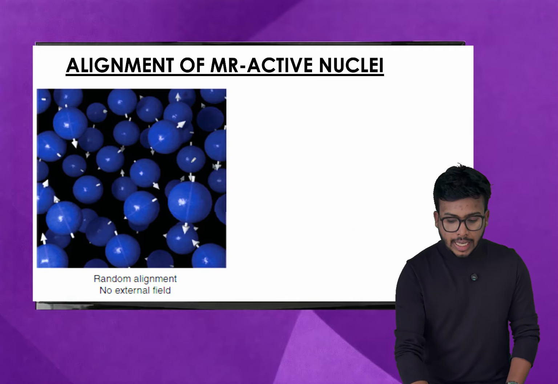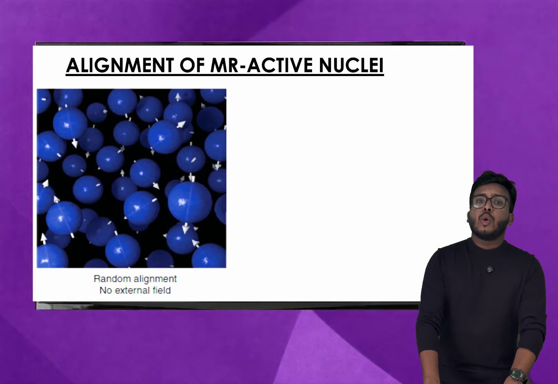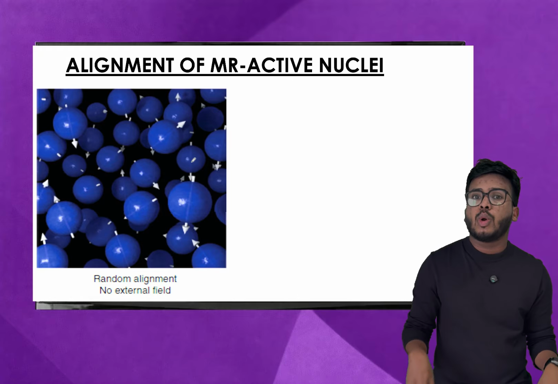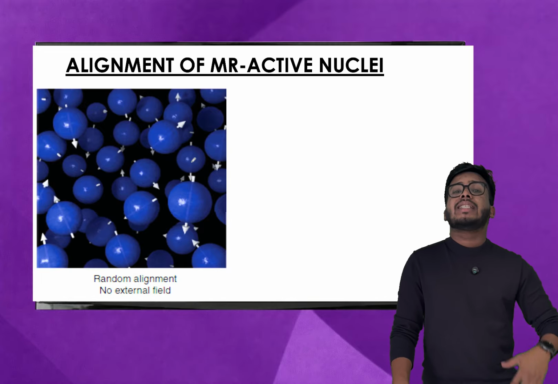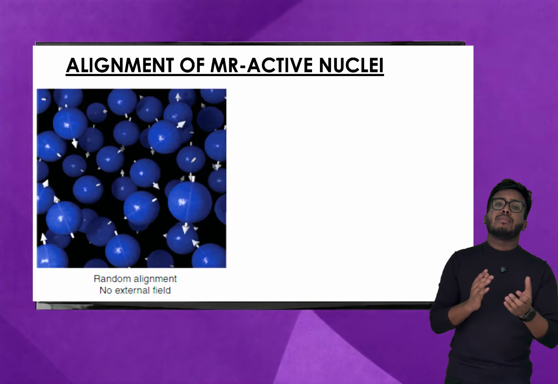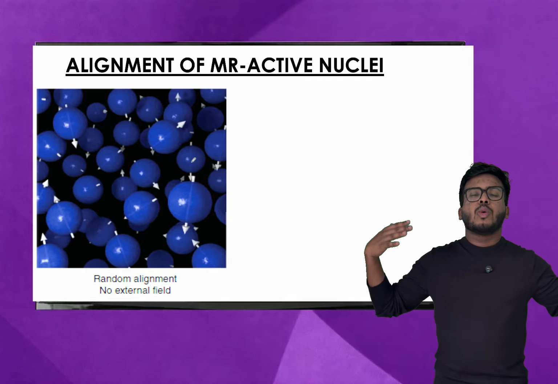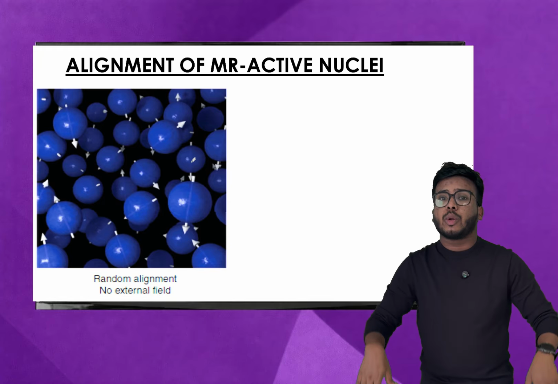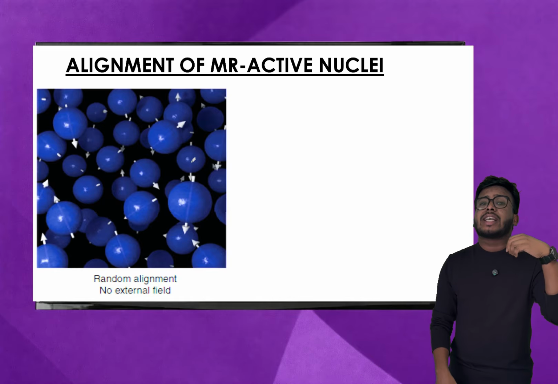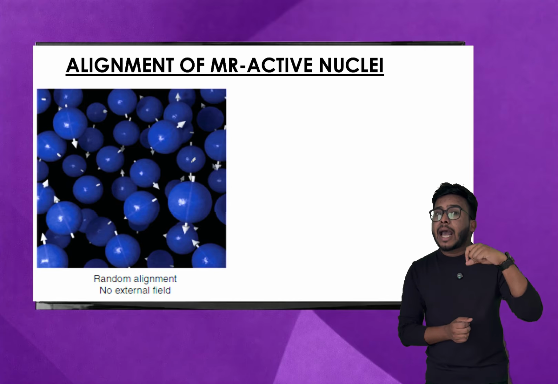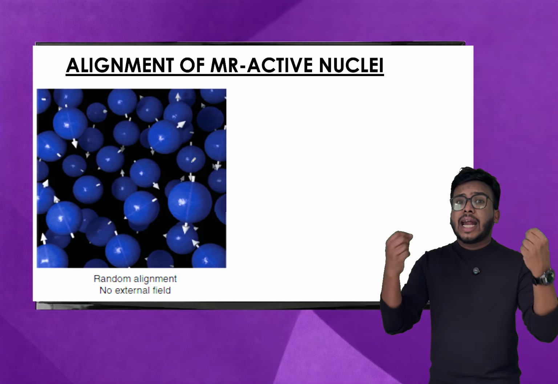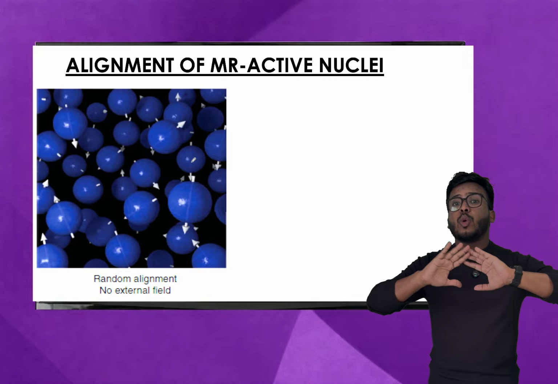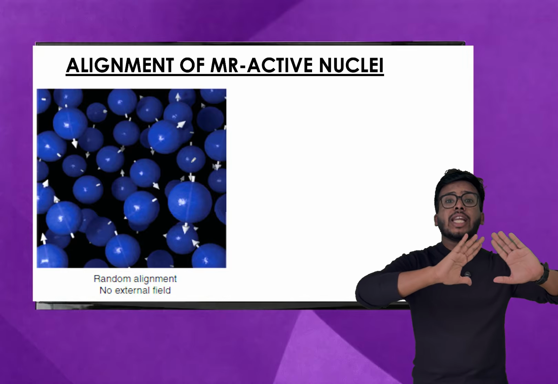Clear? So now we are going to discuss the orientation of these hydrogen protons in the presence and absence of an external magnetic field. I hope you are not inside the MRI room. In the absence of an external magnetic field, the hydrogen protons inside the human body will not have any orientation, any direction.